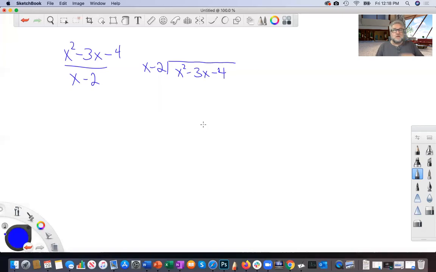Okay, now here's the process. I look at x. How many times does x go into x squared? Meaning, what do I have to multiply x by to make it look like this, x squared? Well, I got to multiply it by x. I'm going to put it over the other x terms. x times x is x squared, minus x times 2 is 2x.